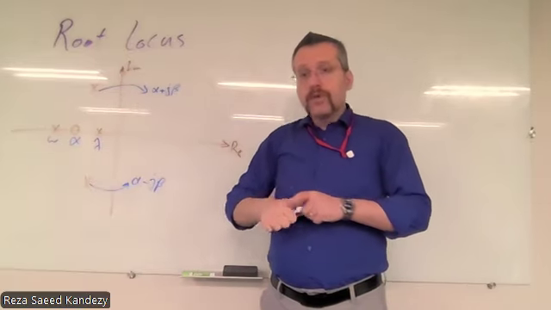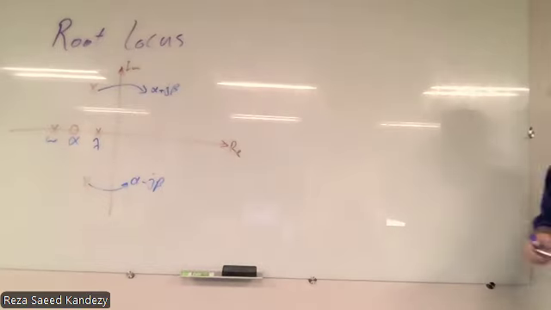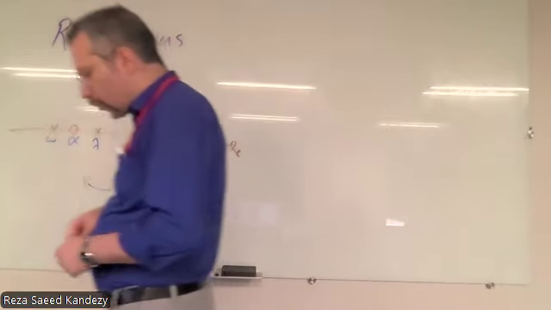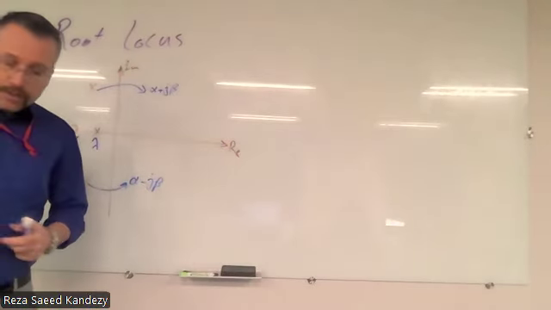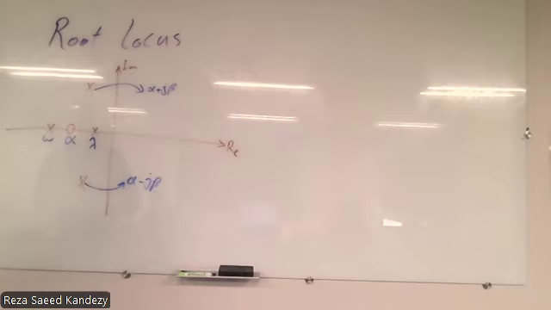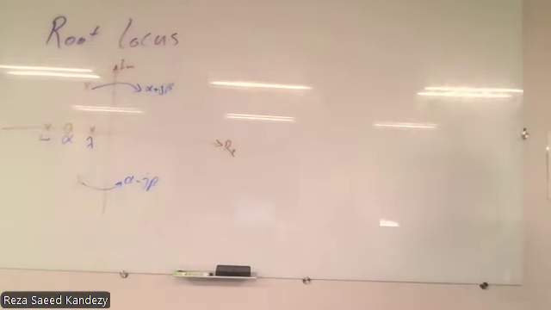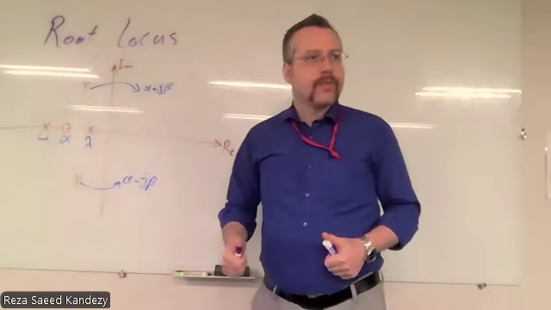Now, I don't know if you remember, you should have been introduced to this concept earlier in the courses that you passed, but we also have another way to represent our system, which is the phasor representation. The phasor basically means that we can show any complex number or any number.